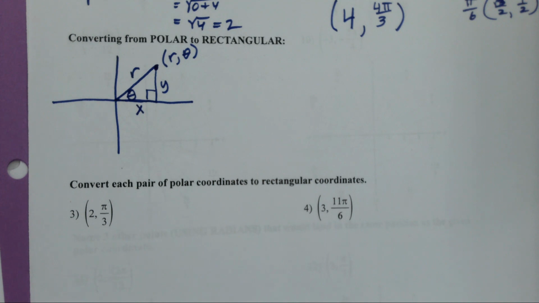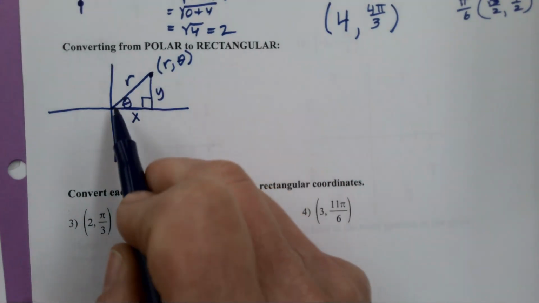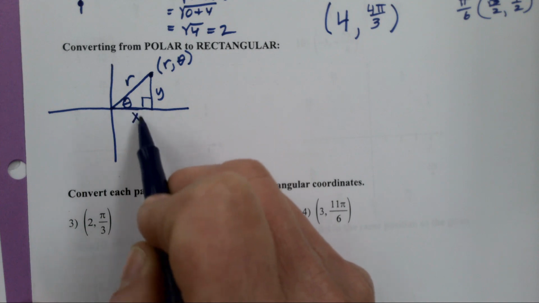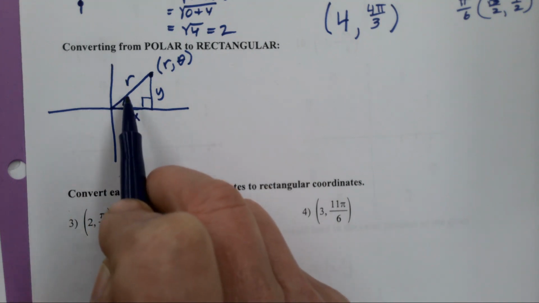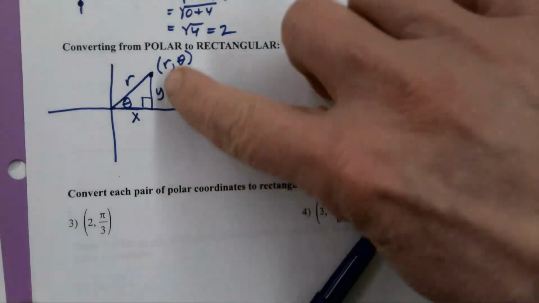and I want to use that to find x and y. X and y don't change. It's still that left and right move for x, and up and down move for y. And so again, I'm going to go back into my trig days and do some SOHCAHTOA stuff. I'll start with x. Let's put x in terms of theta and r. So I'm going to ignore y.